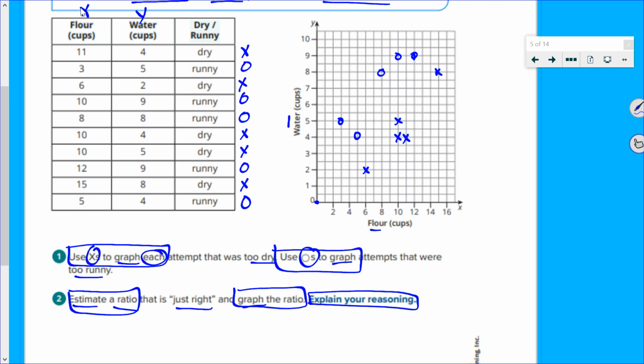So if you line all these up, you can see a pretty clear delineation between the X's and the O's, right? The key to find the ratio relationship that is going to work is find something that's going to go in between those. So here's where a straight edge is so critical. If I could use a straight edge on my smartboard, you guys can't see this at home, but I'm laying the ruler on here.